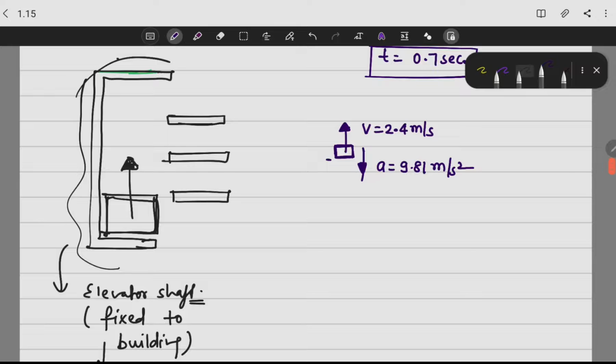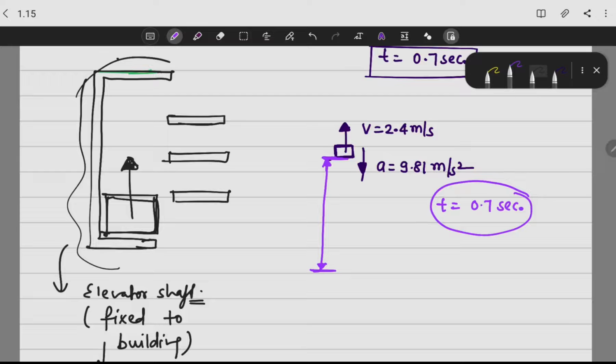It comes from this point to this point, and the time taken to come from the ceiling to the floor is t equal to 0.7 seconds. Now we have to find out the distance and the displacement.